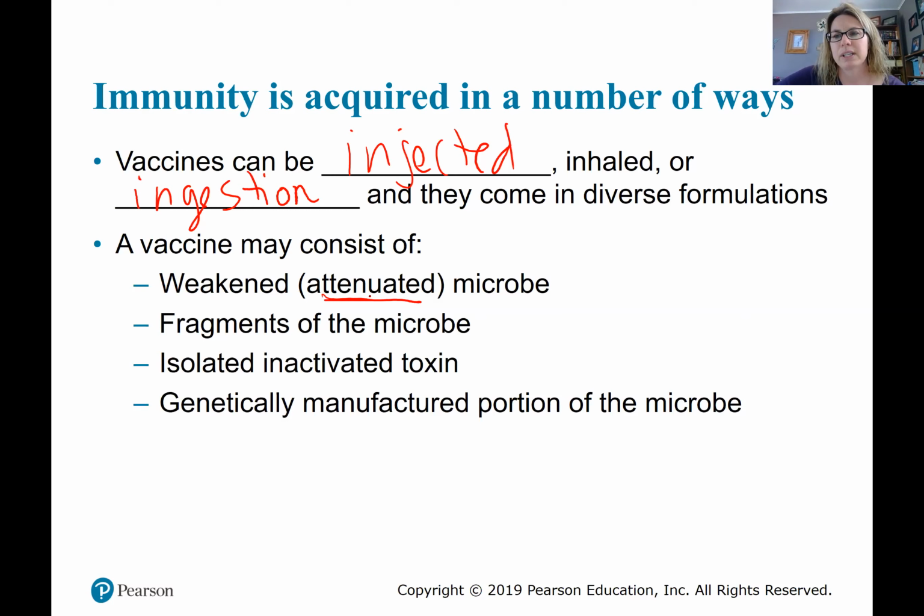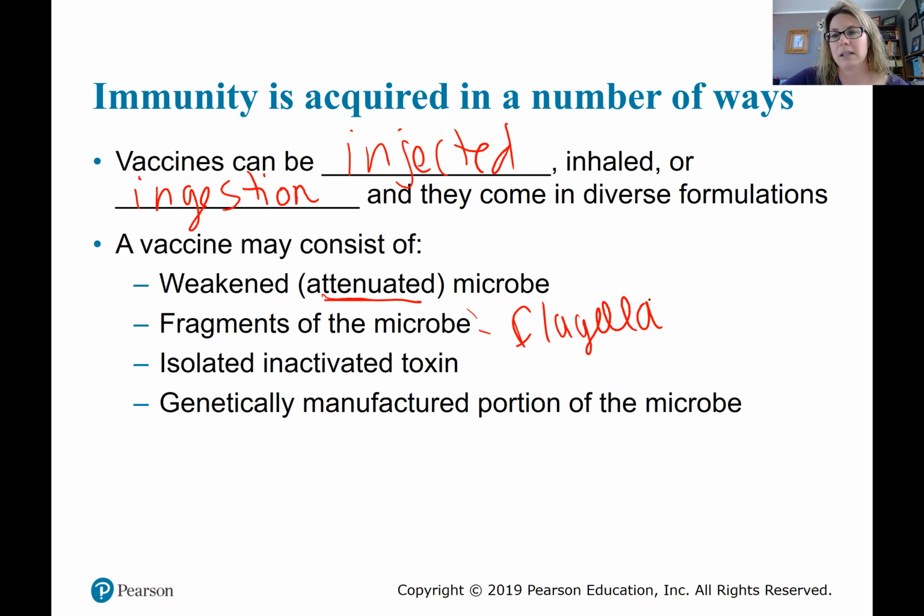It would have that particular bacteria or virus, and it would still be alive, but it would be weakened. It could have a fragment of the microbe, like maybe a piece of the flagella that contains the antigen. You don't have to have the whole bacterium. You can just harvest a bunch of flagella and inject those.